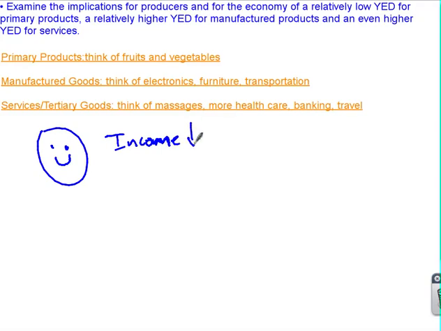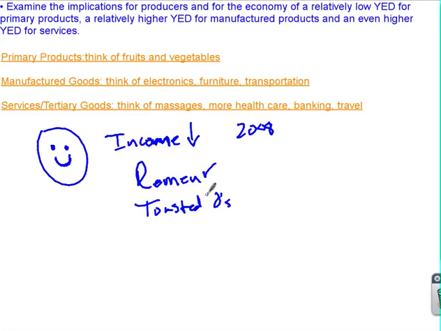People's incomes go way down during the global recession, and not that people are happy out of other people's misery, but who benefited from the drop in income from the 2008 recession? If you're thinking along the lines of the people who make ramen noodles and the people who make toasted O's, then you're thinking along the right lines, because if people's incomes dropped, we would expect to see people buy a lot more ramen noodles.